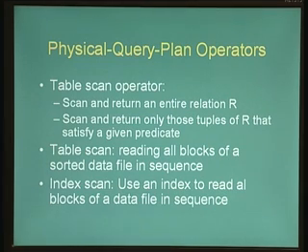Note that blocks are the physical component in terms of which the records are stored. So the operator for table scan contains code by which blocks belonging to a particular file or table are read in sequence, and the table is returned.